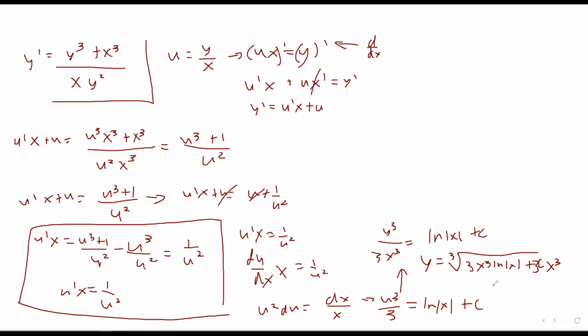Now I know I really skipped a bunch of steps there, but does it make sense that this is the answer? I'm going to stop skipping steps. We'll go up further to get y cubed equals 3x cubed ln x plus 3c x cubed.